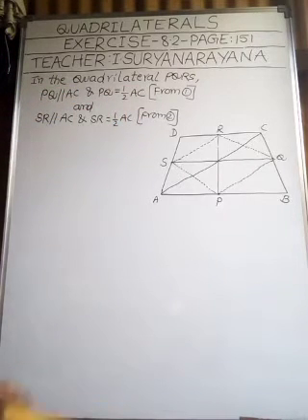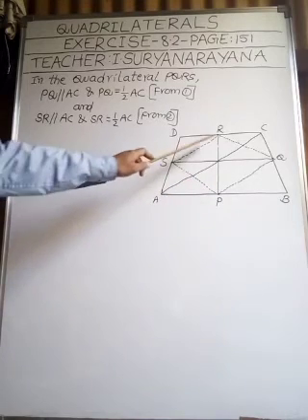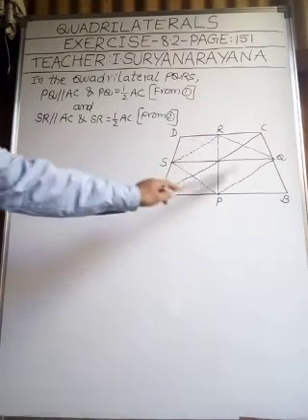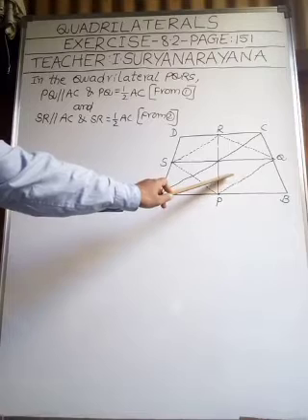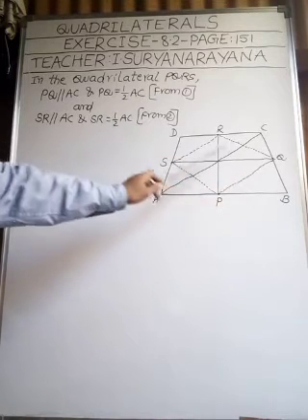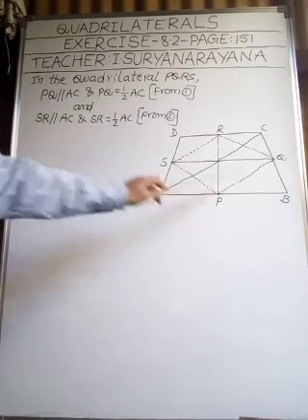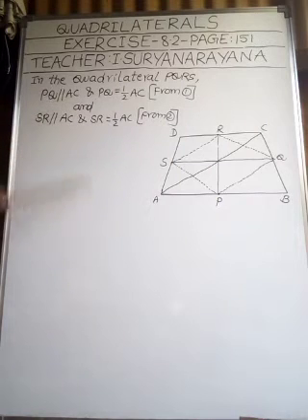So in this quadrilateral, PQ and RS are a pair of opposite sides. Yes or no, my children? These two sides are a pair of opposite sides. They are parallel to each other. This implies, what can we say?